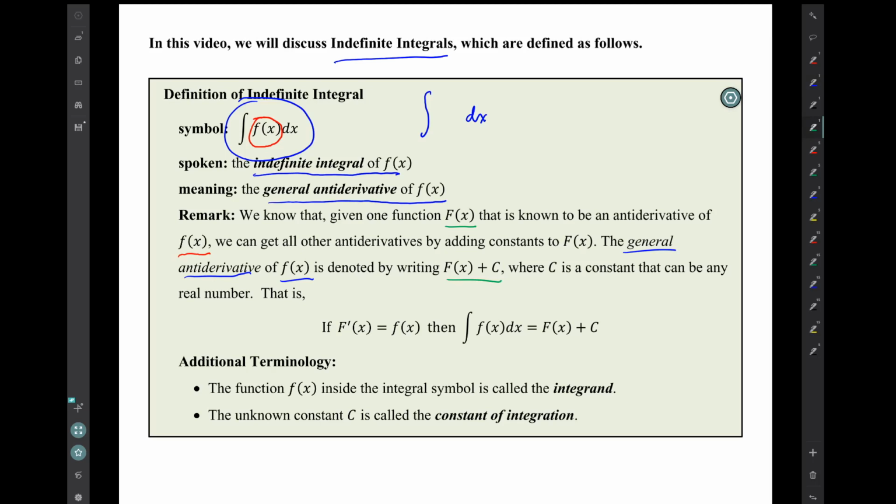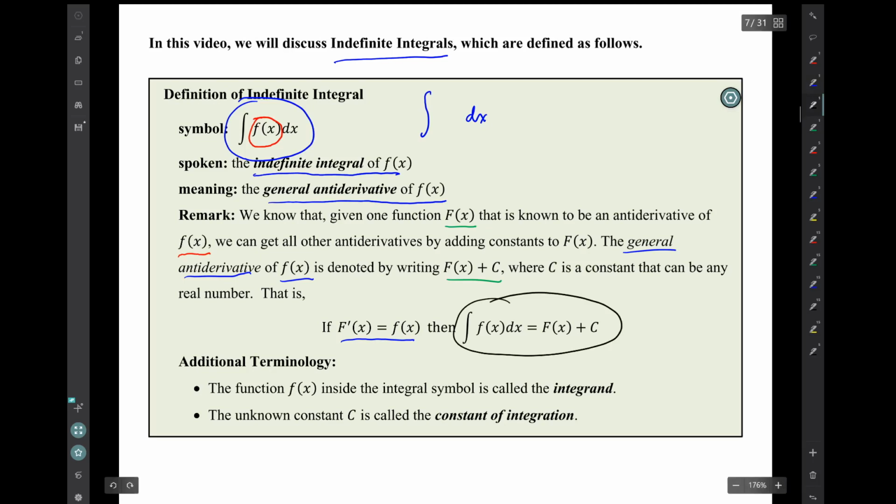So what that means is really this. If capital F prime equals little f, that is, if capital F is an antiderivative of little f, then the indefinite integral of little f of x is capital F of x plus c.